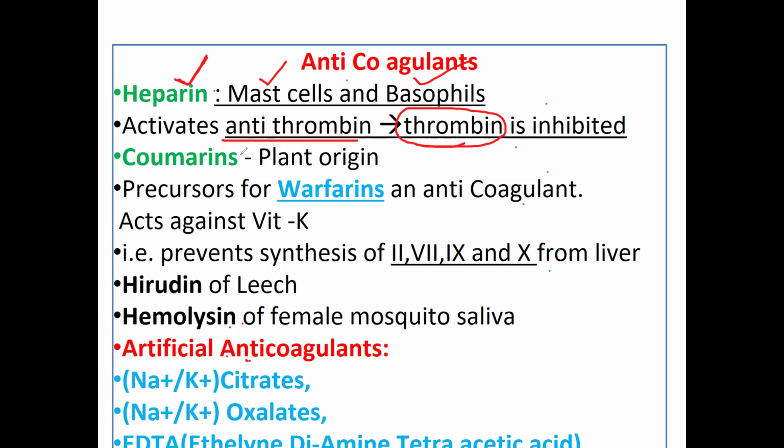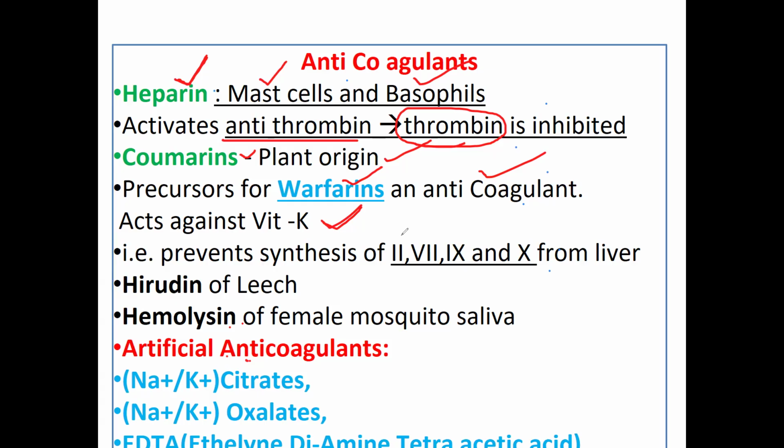And coumarins are also natural anticoagulants which are of plant origin. They are actually precursors for the chemicals warfarins, which are also famous anticoagulants from plants, which act against vitamin K. When vitamin K is inhibited, blood coagulation factors are not generated in the liver.